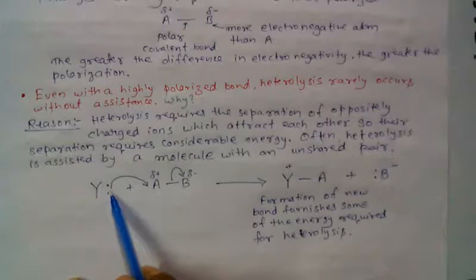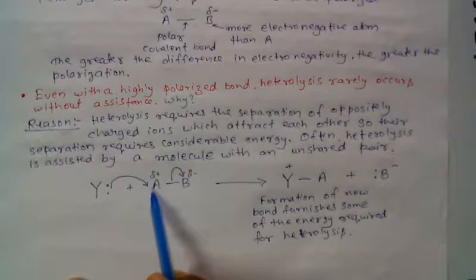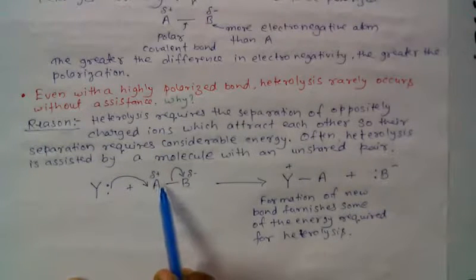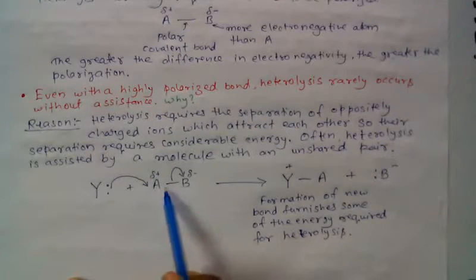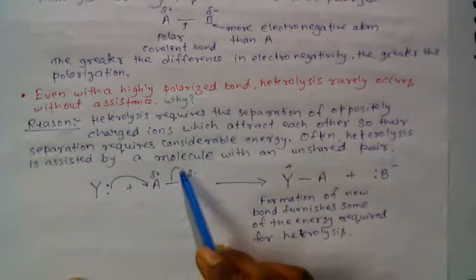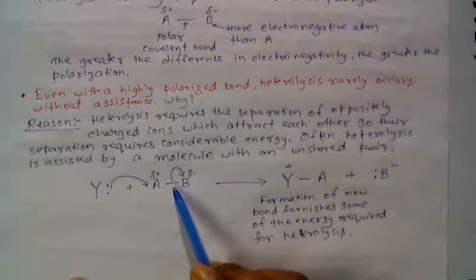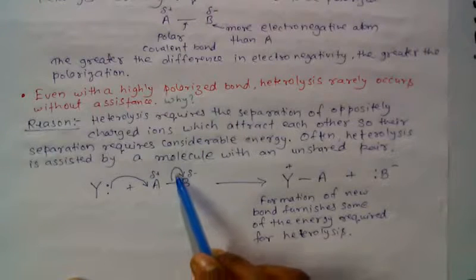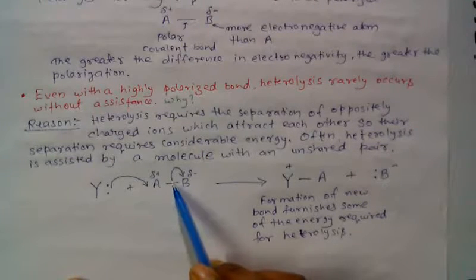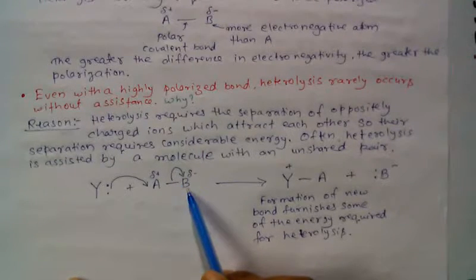So this A is getting some electron density from Y, and it has already some electron density, so it cannot hold too much and has to let it go. So the bond breaks and these two electrons move to B.